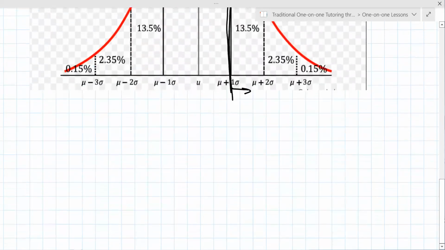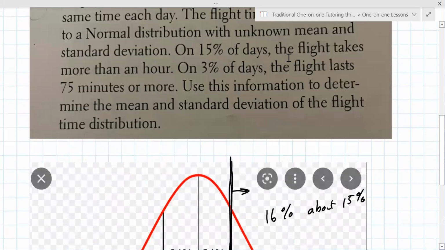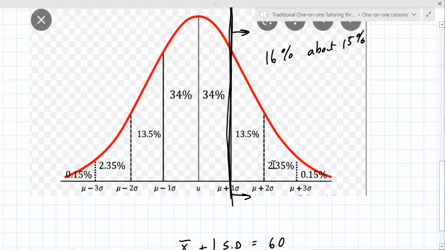So we know that the mean plus one standard deviation is 60 minutes. If we wanted to use variables, you probably saw this in class, they probably say x plus sigma equals 60. Now, 3% of the flights take 75 minutes or more. So where is 3%?